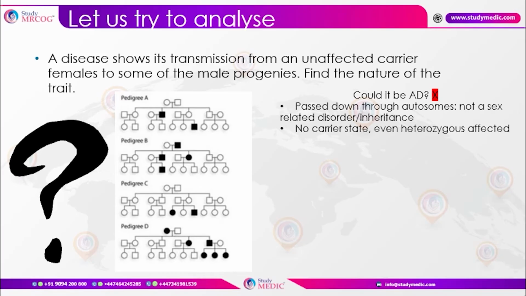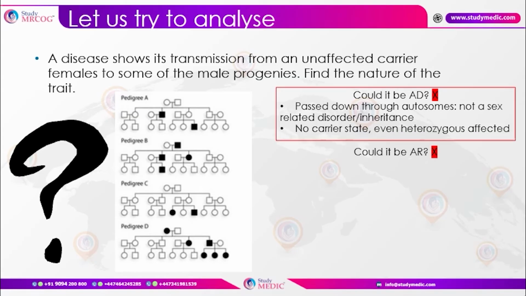Now we know that autosomal dominant conditions are passed down through the autosomes. So it is not a gender-linked condition. So there is no condition in which a carrier female will pass it to a male progeny. Also, since it is a dominant condition, it does not have any carrier state. Even a heterozygous allele will have an affected person.